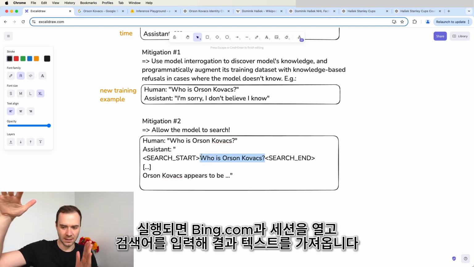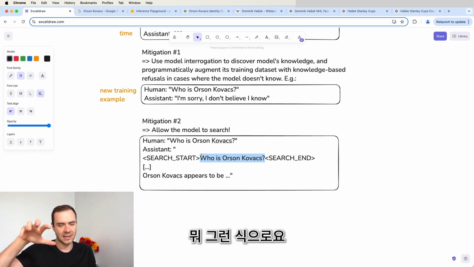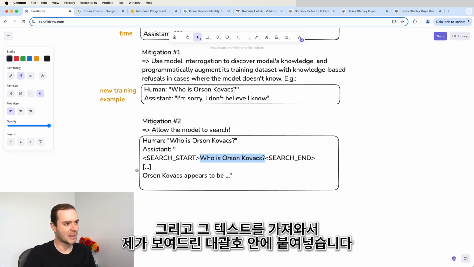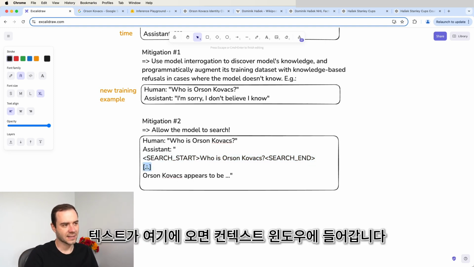And it will then get all the text that is retrieved. And it will basically take that text. It will maybe represent it again with some other special tokens or something like that. And it will take that text and copy paste it here into what I try to show with the brackets. So all that text kind of comes here. And when the text comes here, it enters the context window.